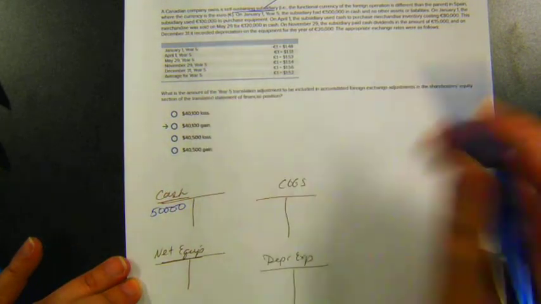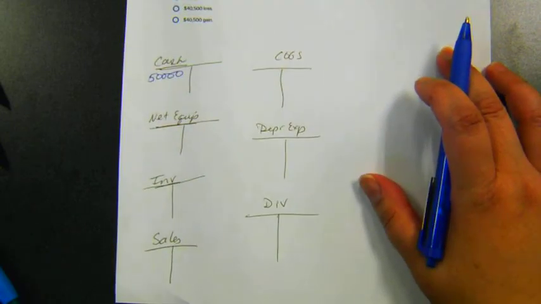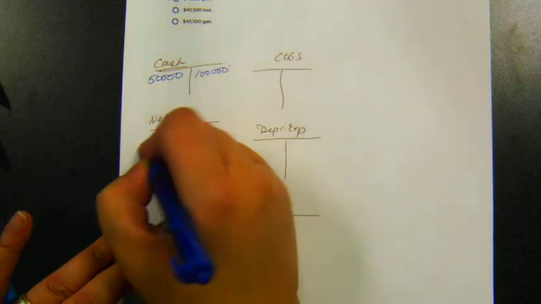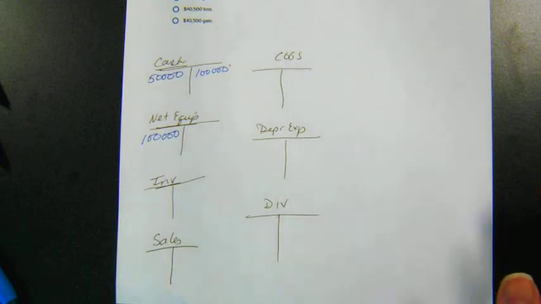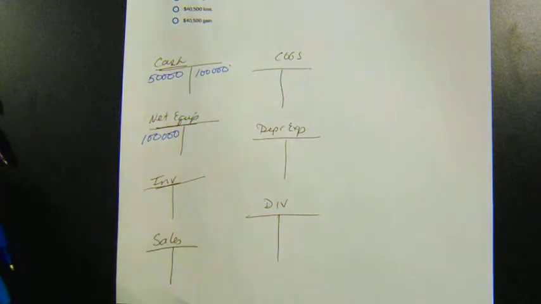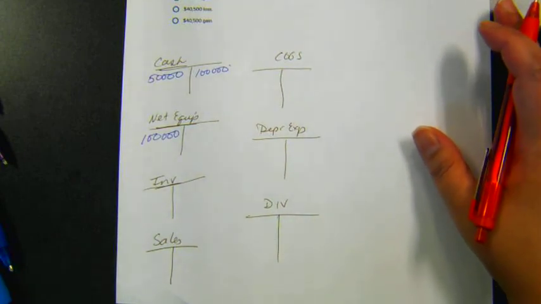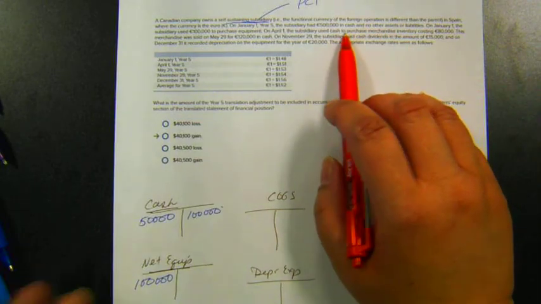January 1st, they used 100,000 to purchase equipment. Everybody good? Then what did they do? Oh, it is really hard to read.